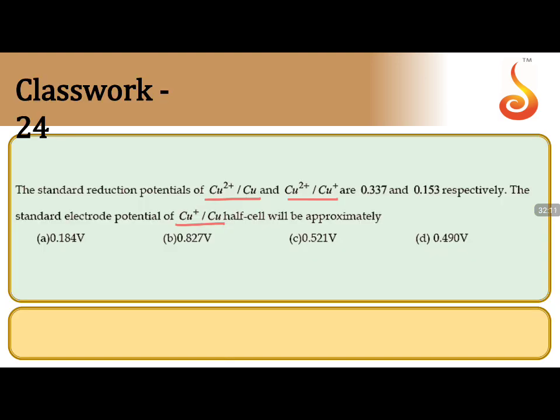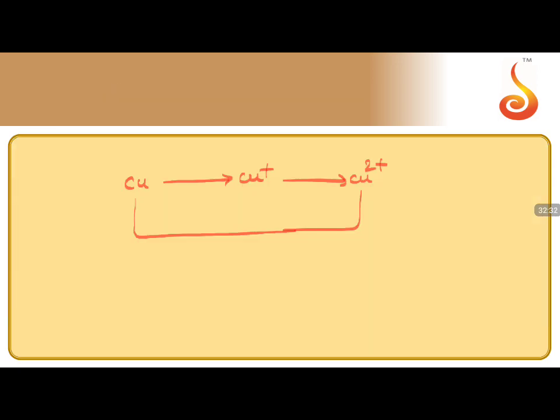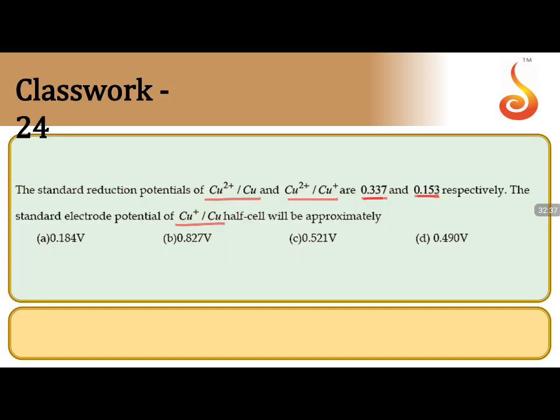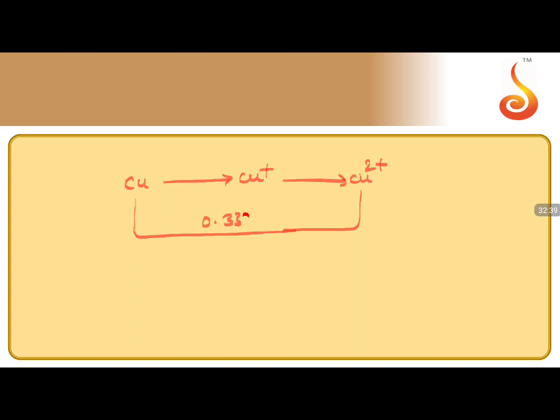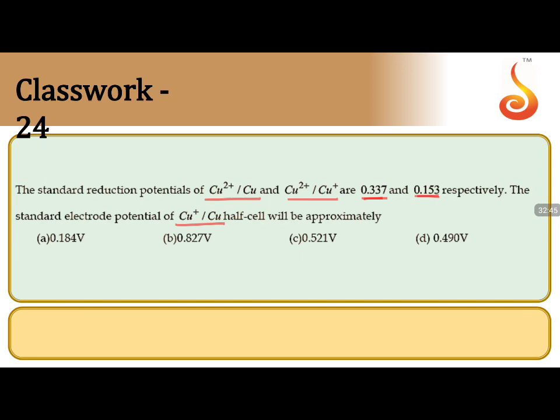Cu2+ to Cu is given as 0.337. Cu2+ to Cu+ is given as 0.153.